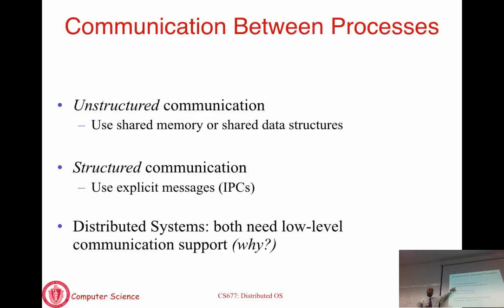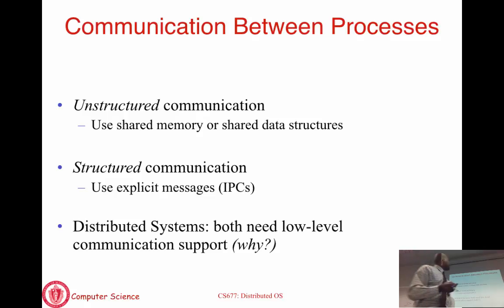Most communication will not be implicit, it will be explicit, which involves message passing. Essentially that means process A is going to send an explicit message over a network to process B, and then you might get a reply, which is another message. So this involves sending and receiving messages.